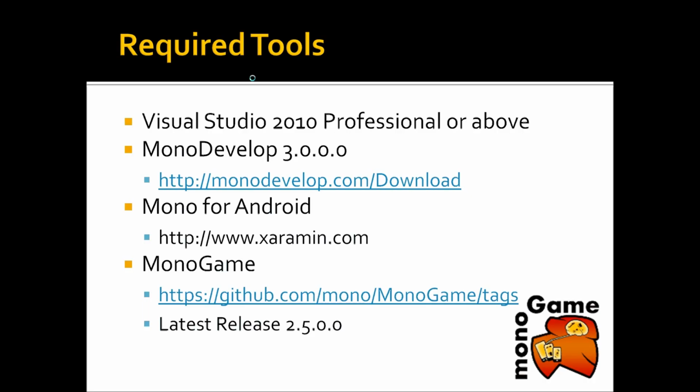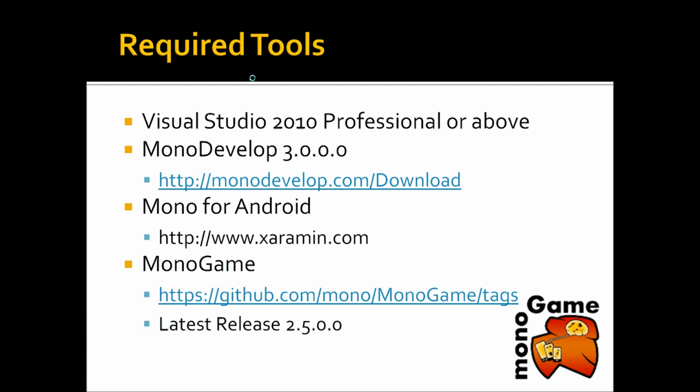Before we actually get started, let's go over the tools that we need to use MonoGame for Android. First thing you'll need is Visual Studio 2010 Professional or above. The Android side of things doesn't work on the Express version of Visual Studio. However, if you do want to just write Windows or Linux based games using MonoGame, then the Express version will do fine.